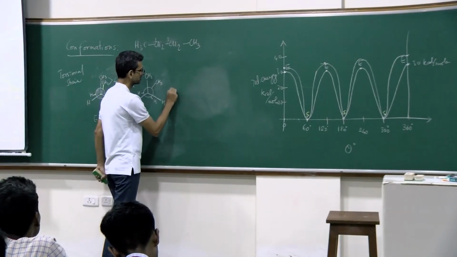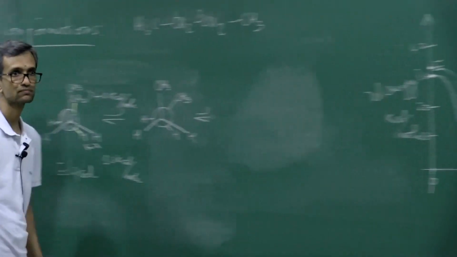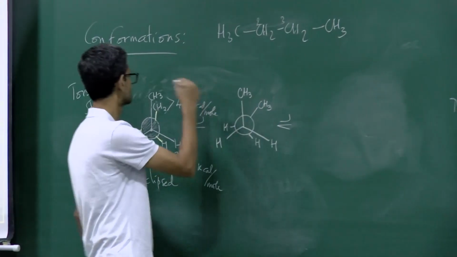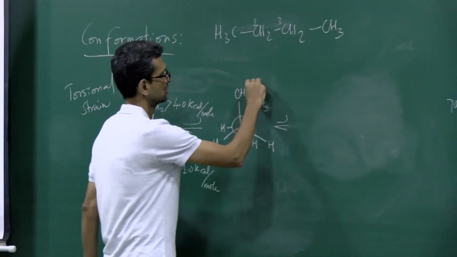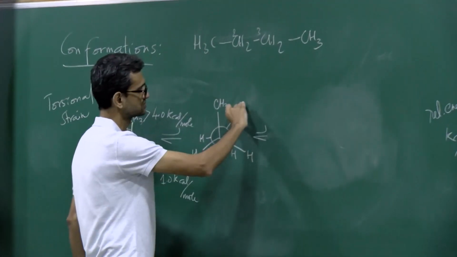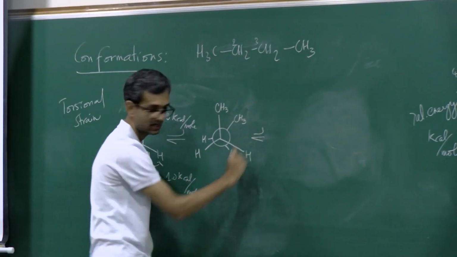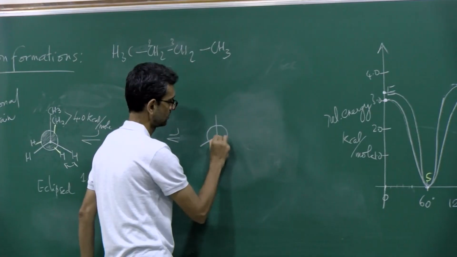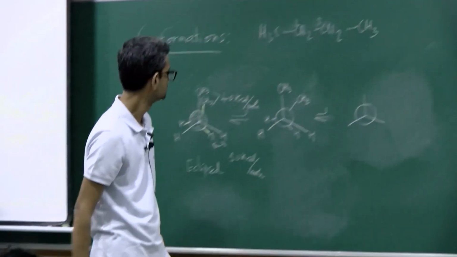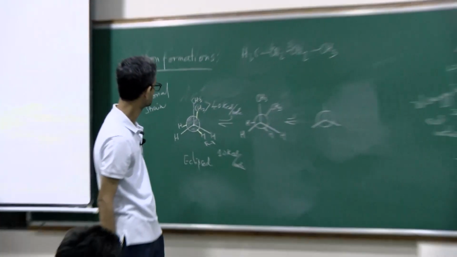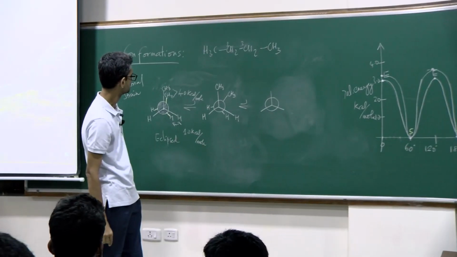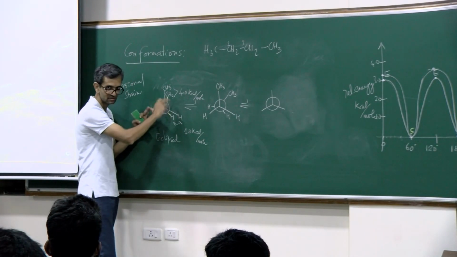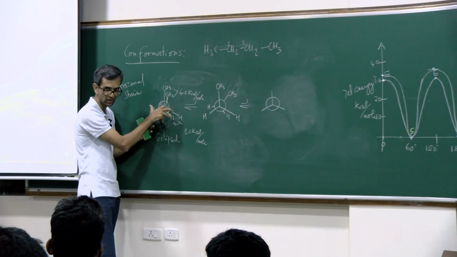What is the next conformation you can generate? So basically CH3 is behind the H. Rotate further 60 degrees, right? Further 60 degrees. So this methyl would eclipse with the hydrogen. When you are rotating the methyl, that carbon is attached to these two hydrogens as well.